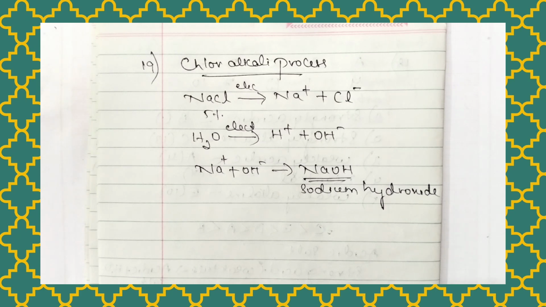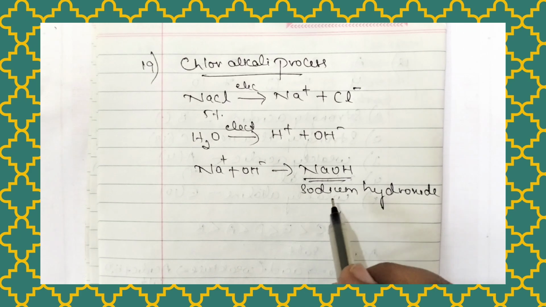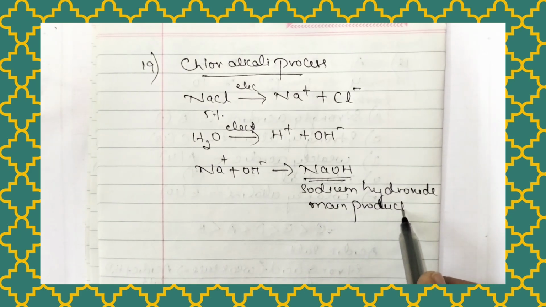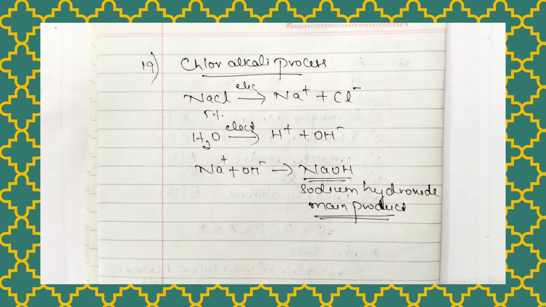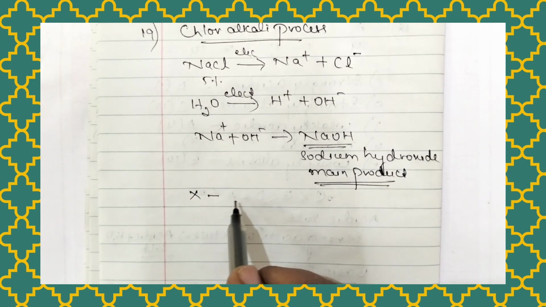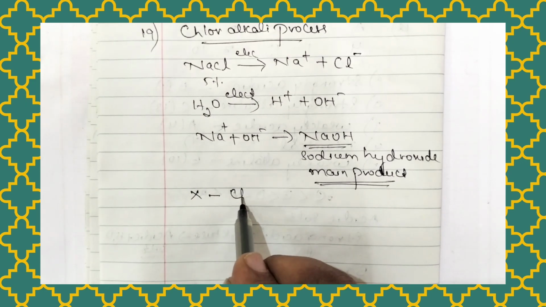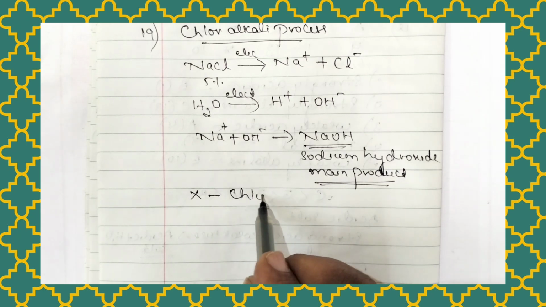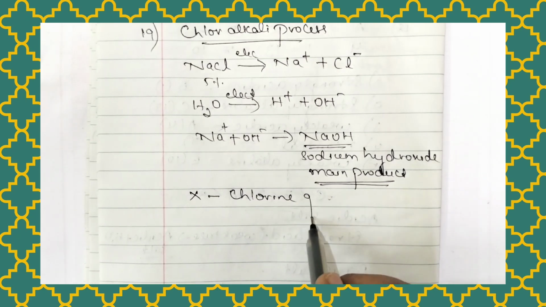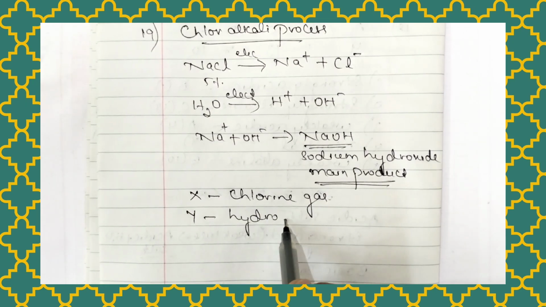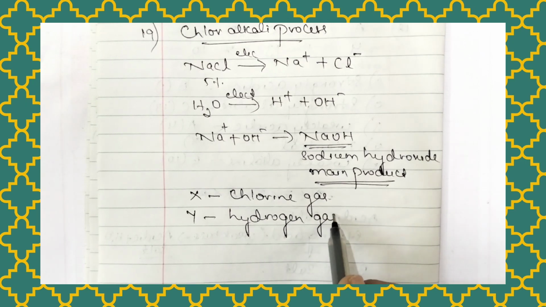In this process, along with the main product, sodium hydroxide, they ask us to name X and Y. X is chlorine gas, and Y is hydrogen gas.